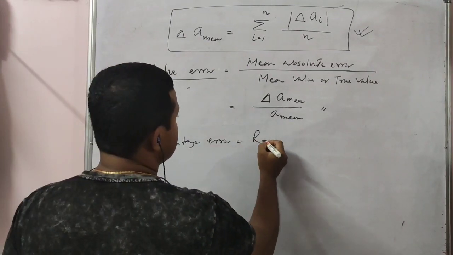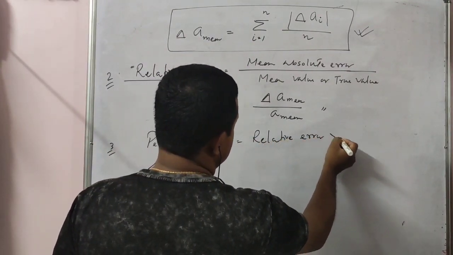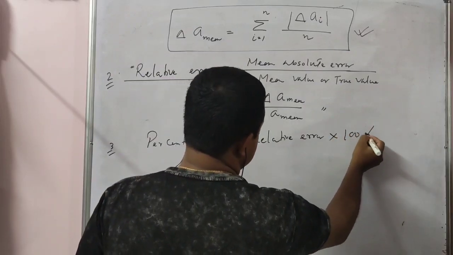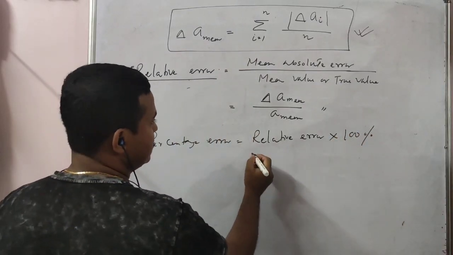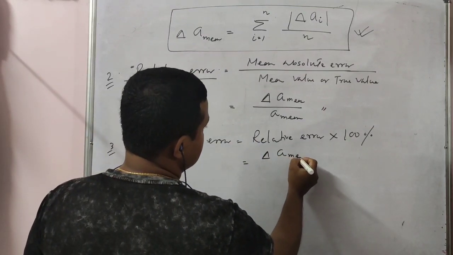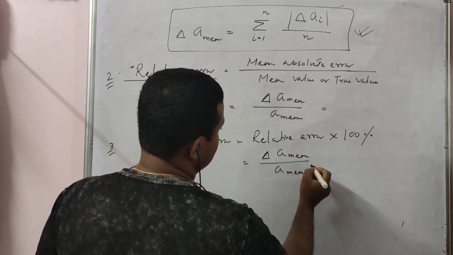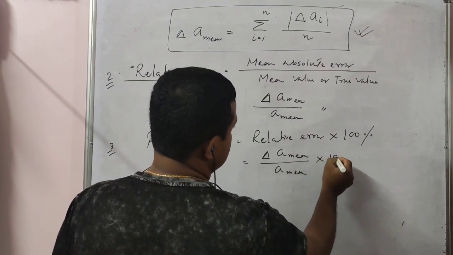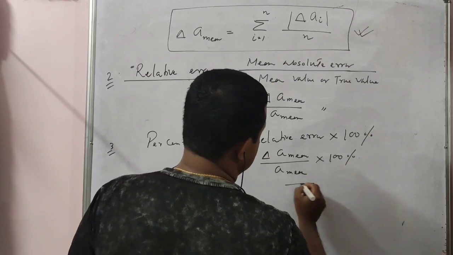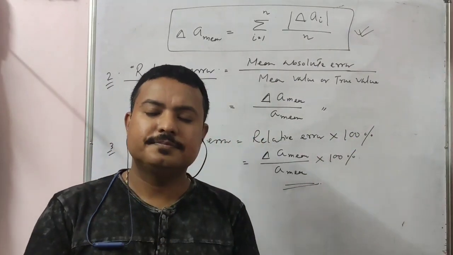It is relative error into 100%. So this is called what? Percentage error. Or simply you can write delta A mean divided by A mean into 100%. So this is called percentage error. Okay.